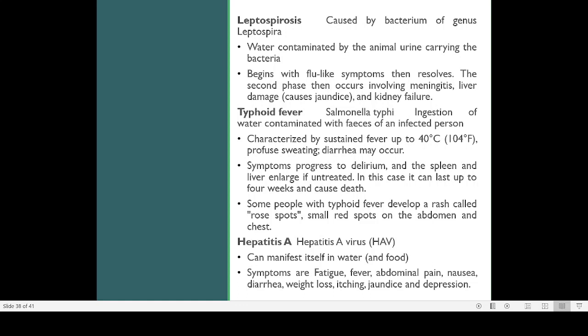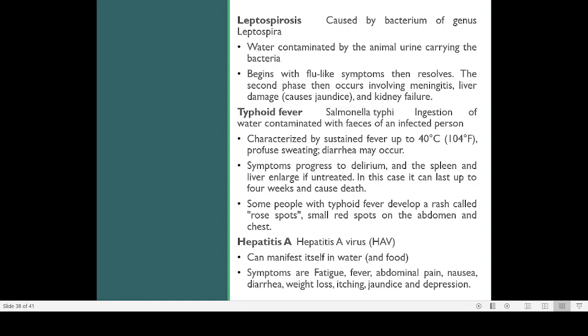Then the symptoms usually start with flu-like symptoms. Flu means there will be fever, just like in the case of corona, which is a kind of flu. That is in the beginning stage, and as the disease progresses, sometimes the brain may be infected.